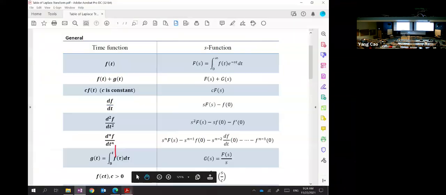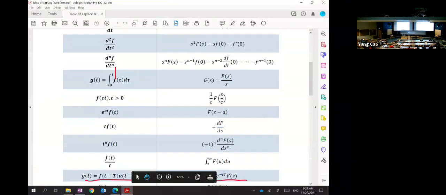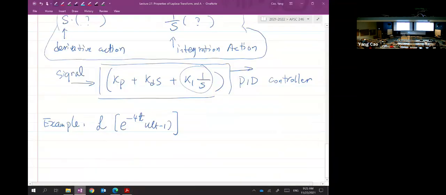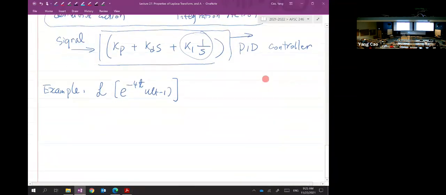So for example, I most probably want to apply this property. If you have a shifted f, then its corresponding Laplace transform is given by this. If you recall, it's called the t shift, right? Okay, so let me write down this property here.